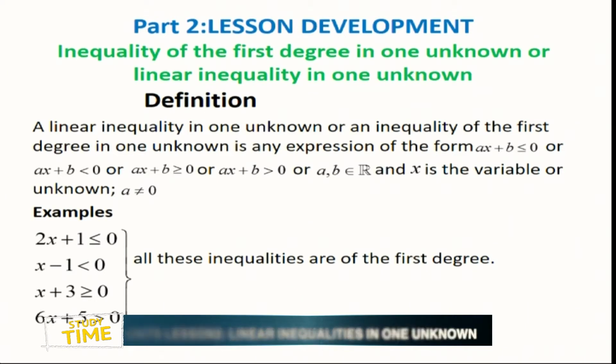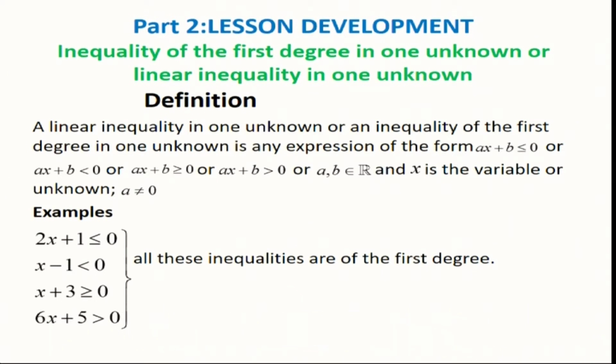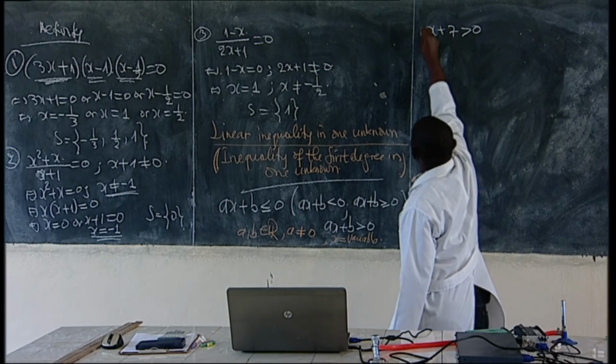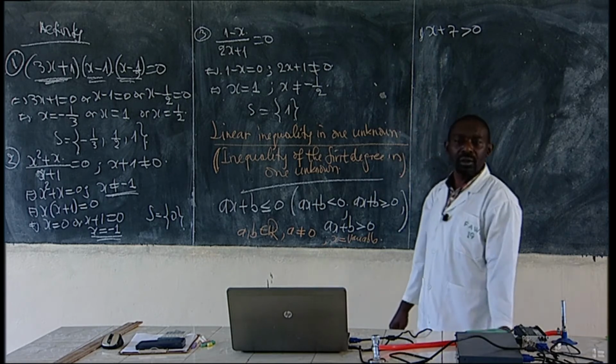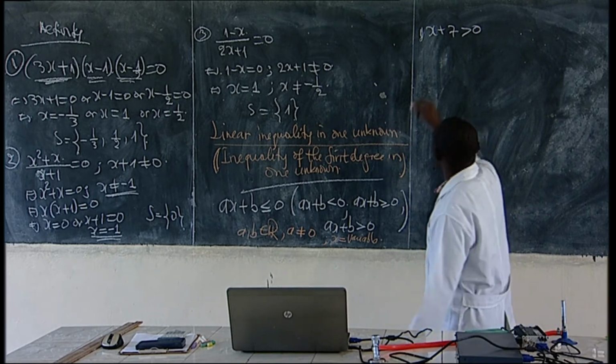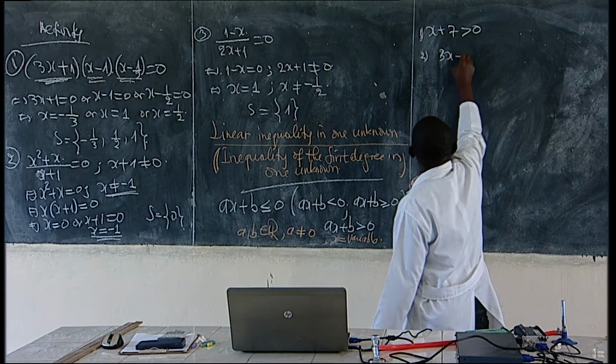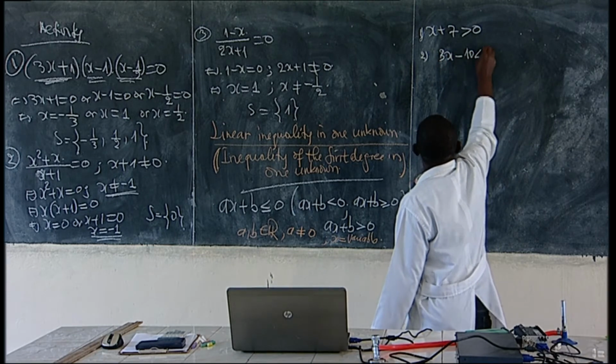You can even give another one. Can you give me 2 other examples of linear inequality in one variable? Okay, say x plus 7 is greater than 0. Yes, this is okay. Another one? Yes, 3x minus 10 is less than 0, and so on.